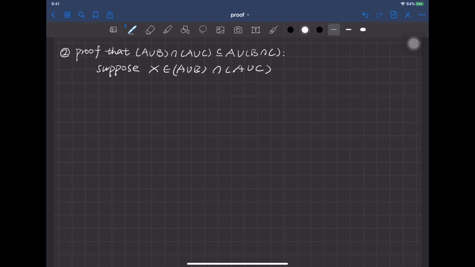Now, from the definition of the intersection, we have X is an element of A union B, and X is an element of A union C.